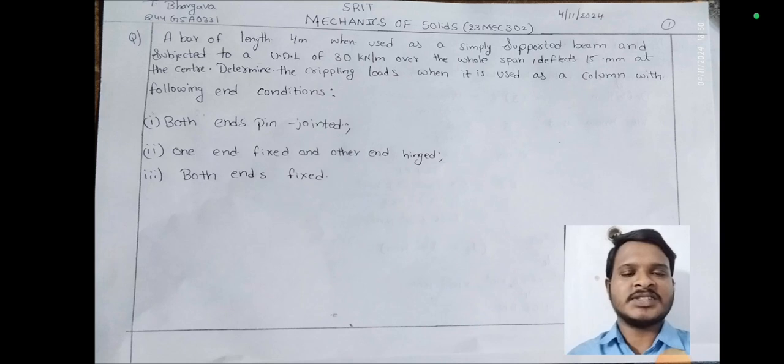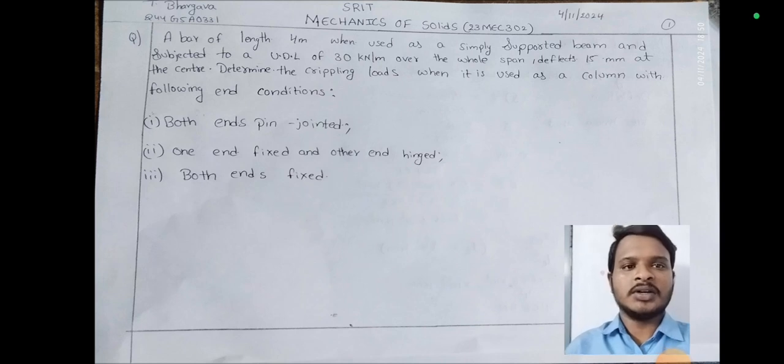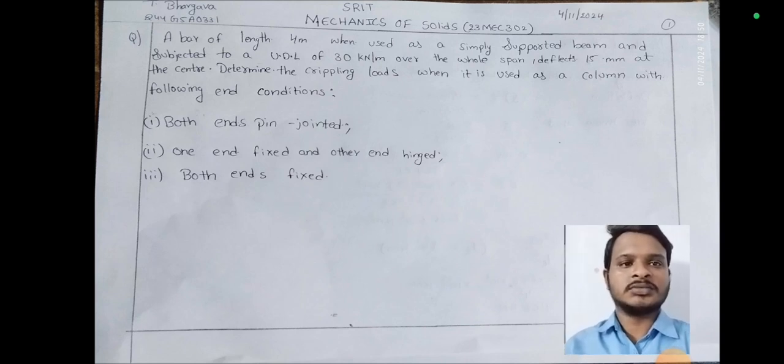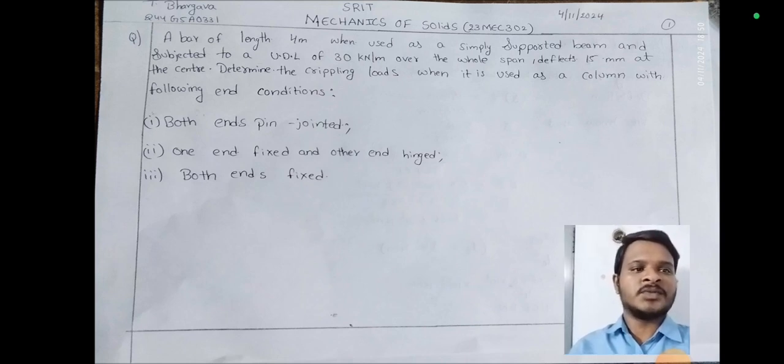Now our explaining problem is: a beam of length 4 meters, when used as a simply supported beam and subjected to a UDL load of 30 kilonewton per meter over the whole span, deflects 15 mm at the center.